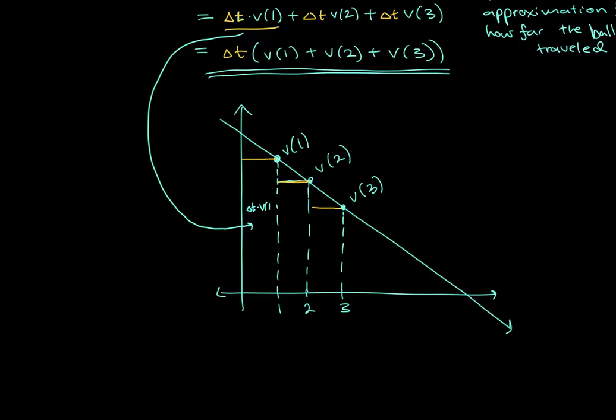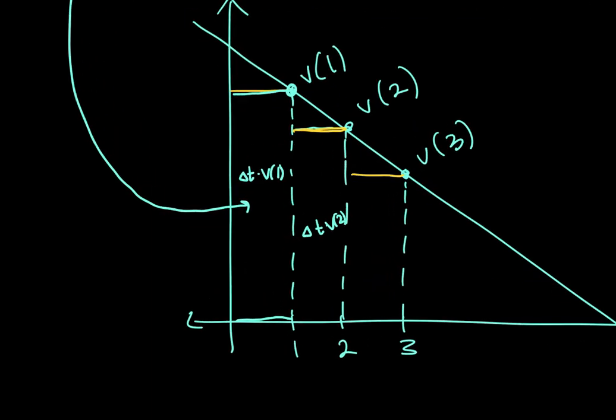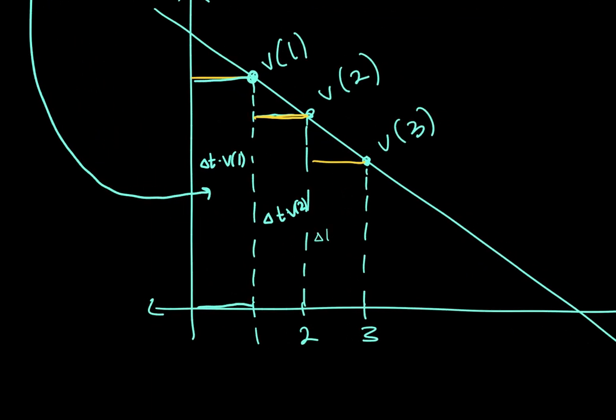Delta t times v sub 2. Oh, wait, that's the area. Delta t is this length down here, in other words, 1 second. Delta t times v of 2. And, of course, this area right here would be delta t times v of 3.